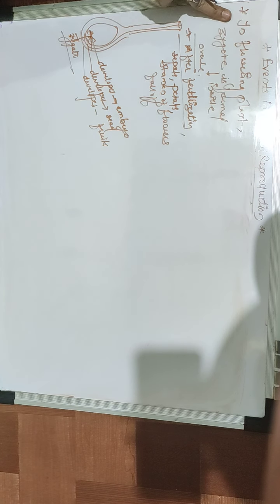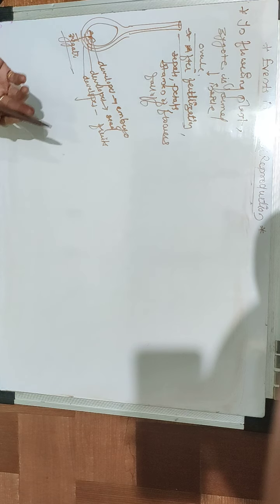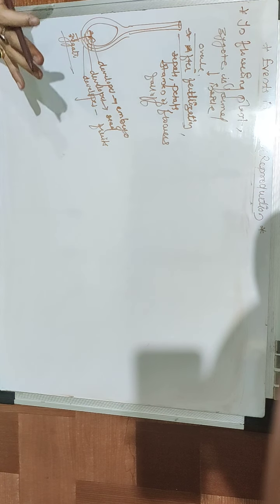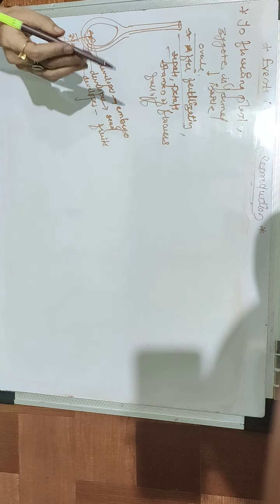Now I am talking about the flowering plants. What happens in flowering plants? The zygote is formed inside the ovule, and now this zygote develops. So after fertilization, the post-fertilization events I am talking about: the sepals, petals and stamens all fall down.